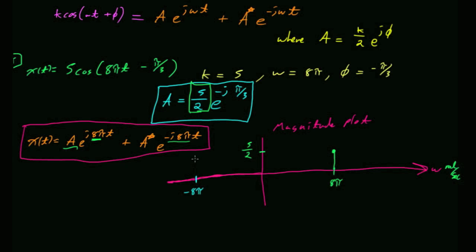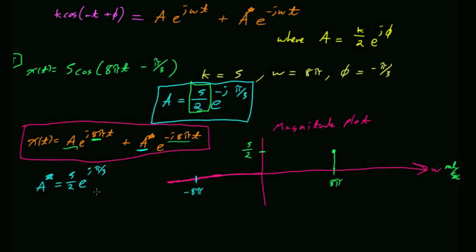So how much signal do I have at negative 8 pi? Well, look at the coefficient. The coefficient tells you how much you have. I've got A conjugate. A conjugate is 5/2 e to the positive j pi over 3. Same magnitude, opposite phase.